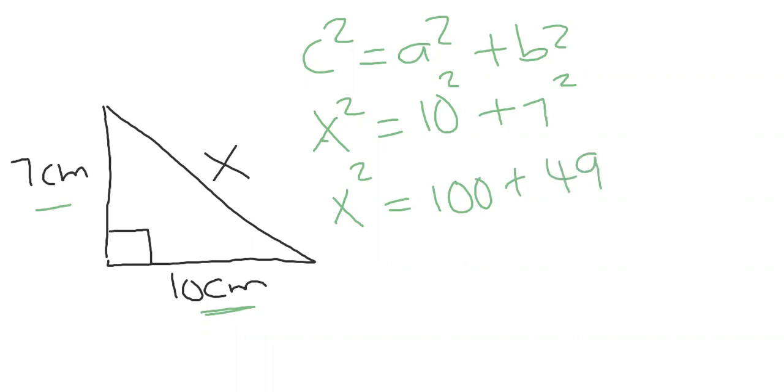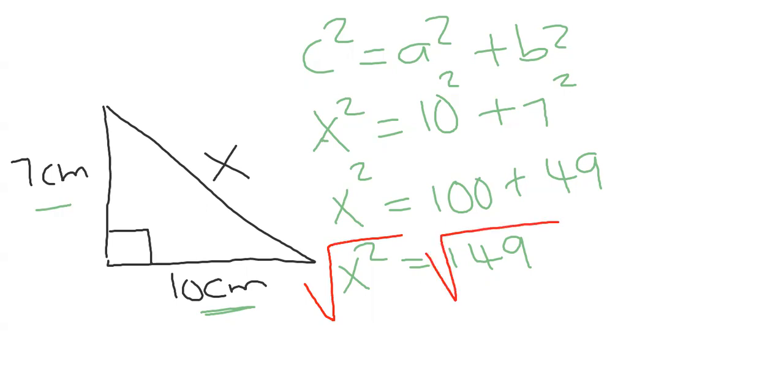Then you continue simplifying your equation. So X squared now equals 149. Then remember, we are looking for the value of X, not the value of X squared. So that is where your square root sign comes in. You now have to take the square root of X squared and the square root of 149.